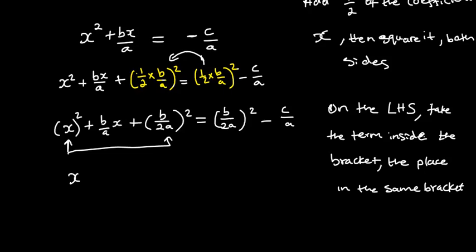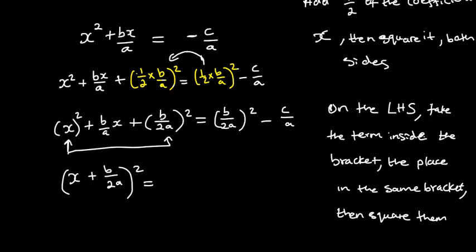So you're going to have x plus b over 2a, and then afterwards, square them, like that. That's the aim. And then on the other side, you're going to simplify.